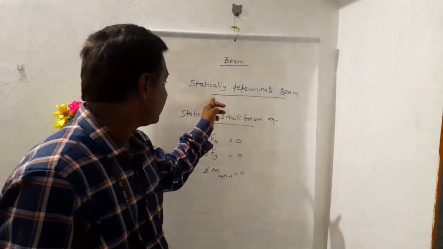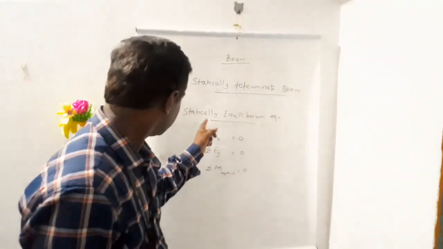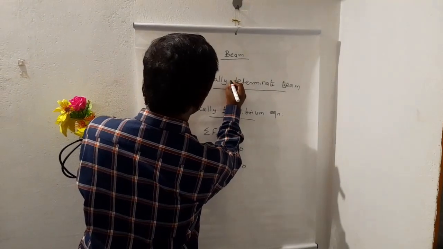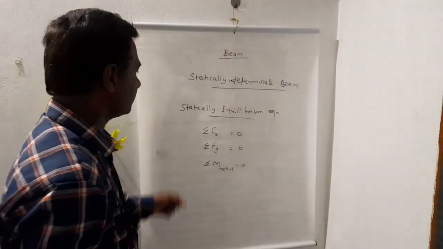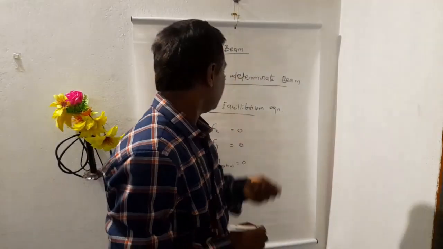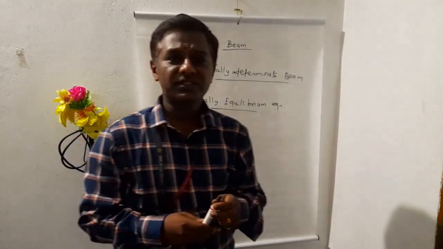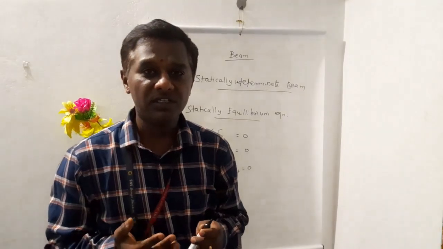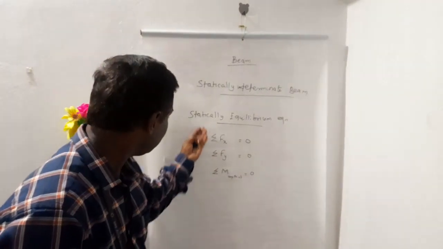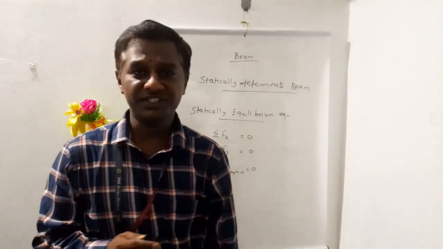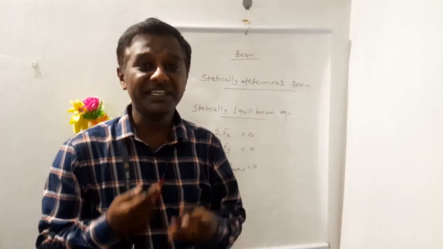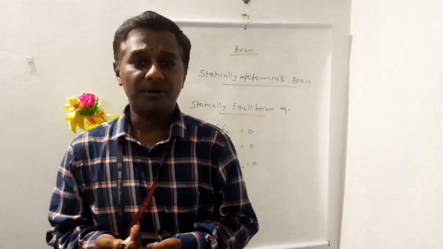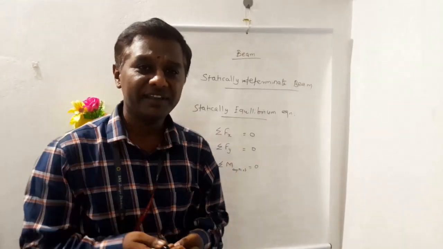Then what is a statically indeterminate beam? In a beam, if the unknown support reactions cannot be solved by using only these three equilibrium equations, we need other equations to solve the problem and find the support reactions.